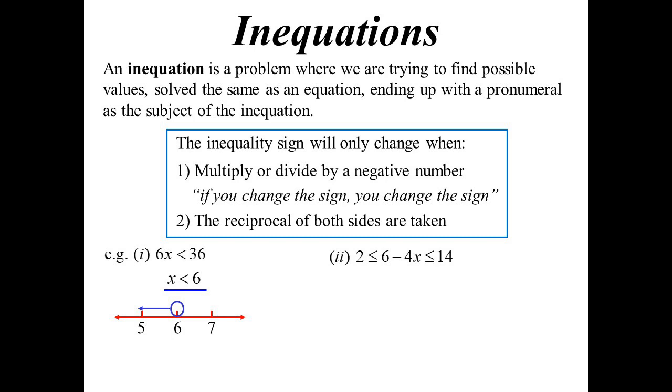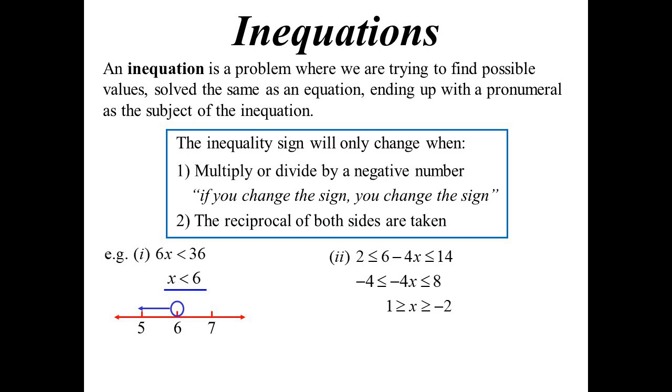The first thing I will do is subtract 6, but I subtract 6 from everything. So I now have minus 4 less than or equal to minus 4x less than or equal to 8. Now I'm going to divide by negative 4, but everything. But if I change the sign, I change the sign. So the x is now positive, so all my inequality signs have swapped around.